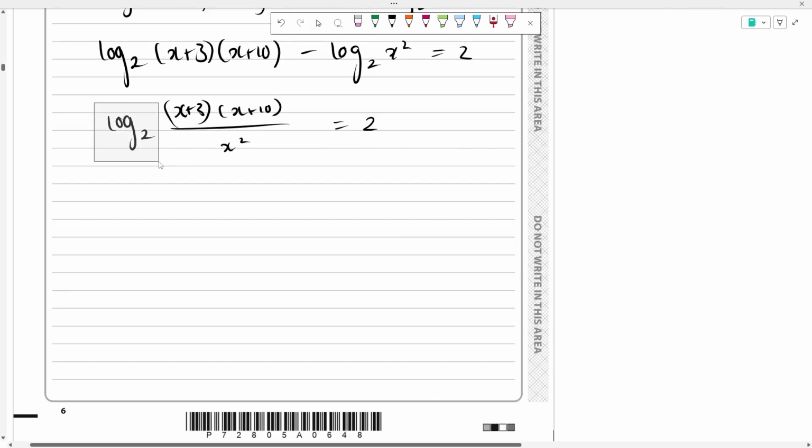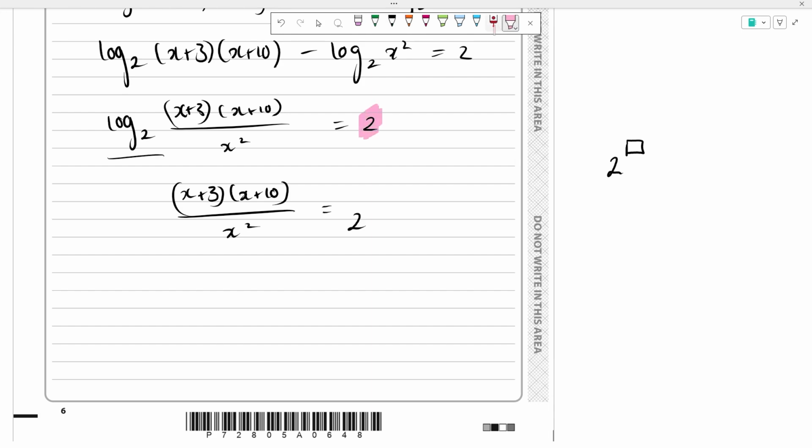How can we get rid of this log 2? Well, the opposite of log 2 is just base 2. So I'm going to base 2 both sides. So this becomes x plus 3 x plus 10 all over x squared is equal to 2 to the power of 2.